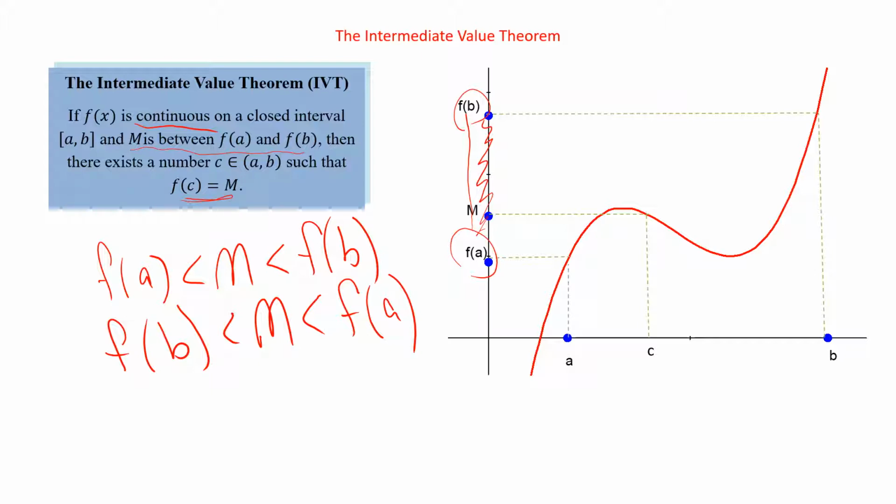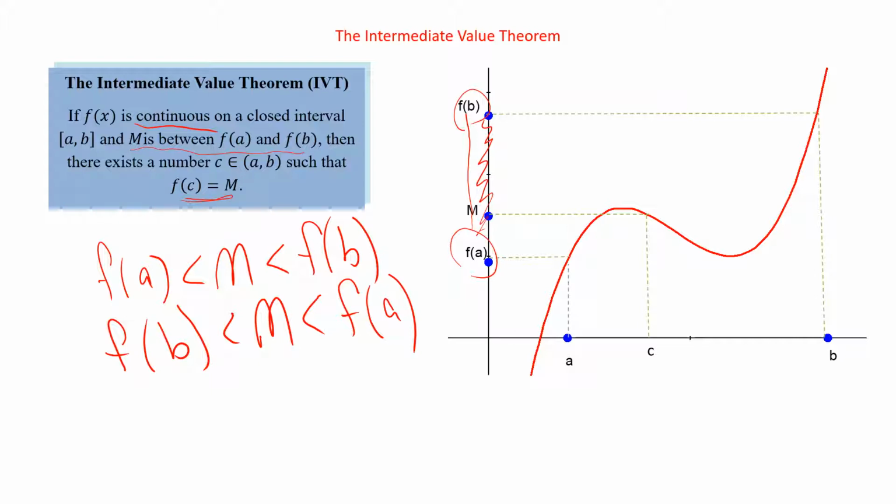M just has to be in between these two y values. A lot of times when we portray it, f of a is going to be smaller than f of b, and we have an increasing function. If we had a decreasing function, it would go backwards of that, but that doesn't make a difference. M is in between those two numbers.